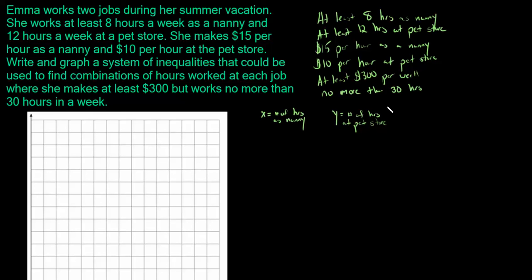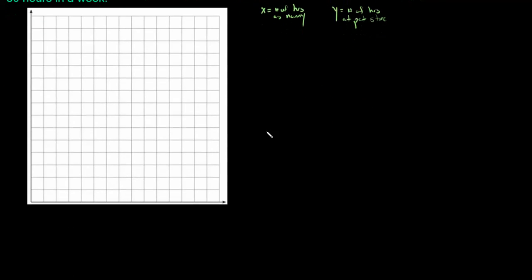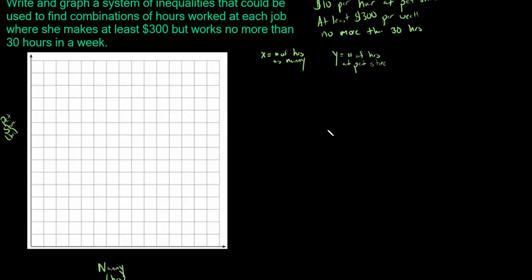So these are our variables, and now that we have our variables, I'm going to label each axis, which is very important to do. Our x-axis is how many hours she works as a nanny, and our y-axis is how many hours she works at the pet store.